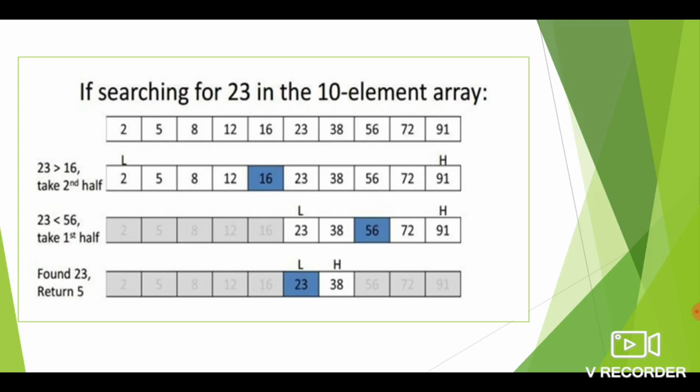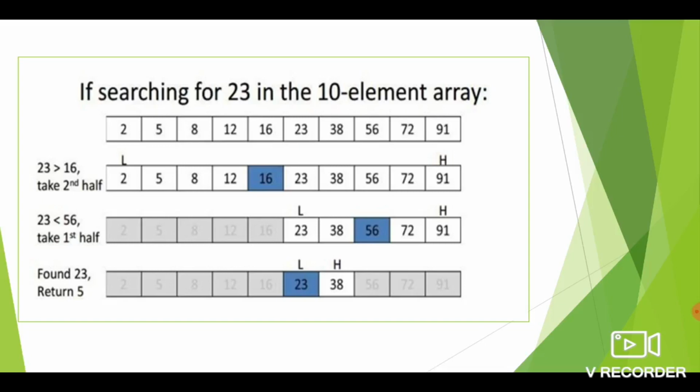So we compare our searching element with 16. What is our searching element? It is 23. So 23 is greater than 16, which indicates that our searching element may be on the right.